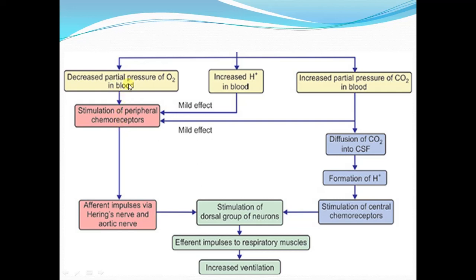These two parameters, that is decreased partial pressure of oxygen in the arterial blood and increased hydrogen ions in the arterial blood, have no effect on the central chemoreceptors.